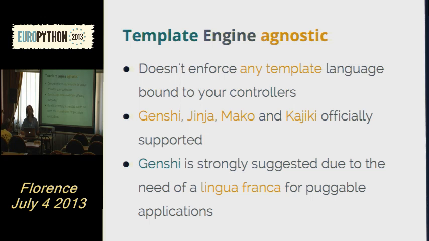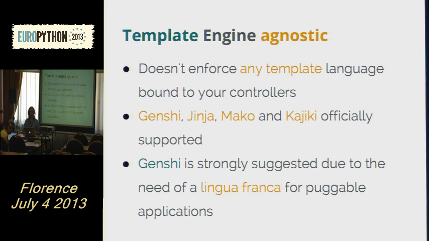It's suggested due to the need to have a common template engine for pluggable applications. If I write an extension or a piece of an application that other people are going to use, they need to have my same template language engine, because I'm probably going to import the global site layout and so on.